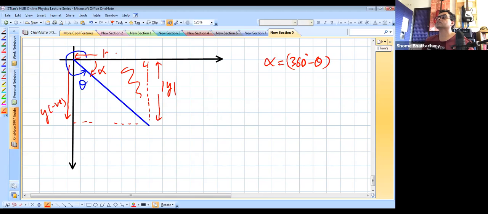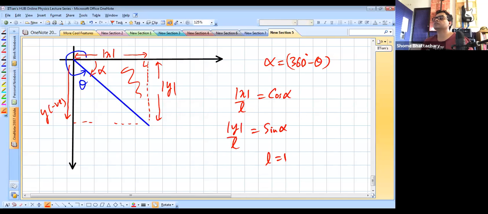The magnitude of this side length is mod y, and similarly the magnitude of this side length is mod x. So again you have the same thing: mod x by L is equal to cos alpha, mod y by L is equal to sin alpha, and remember, L is unity.